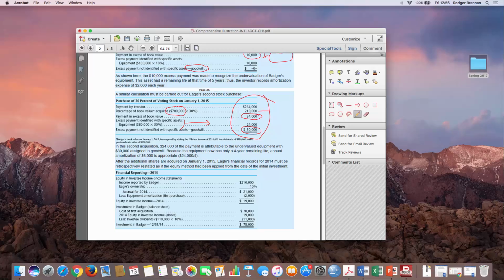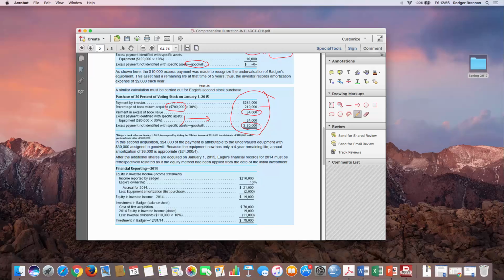Rather, each year, the company, that is, Eagle, the parent company, will examine the amount of goodwill that they purchased and make a decision if it has been impaired. If it's been impaired, then you write it down to its new value, and that then would be recognized as a loss. Goodwill is never amortized. Rather, it is considered to be impaired if it's lost value.